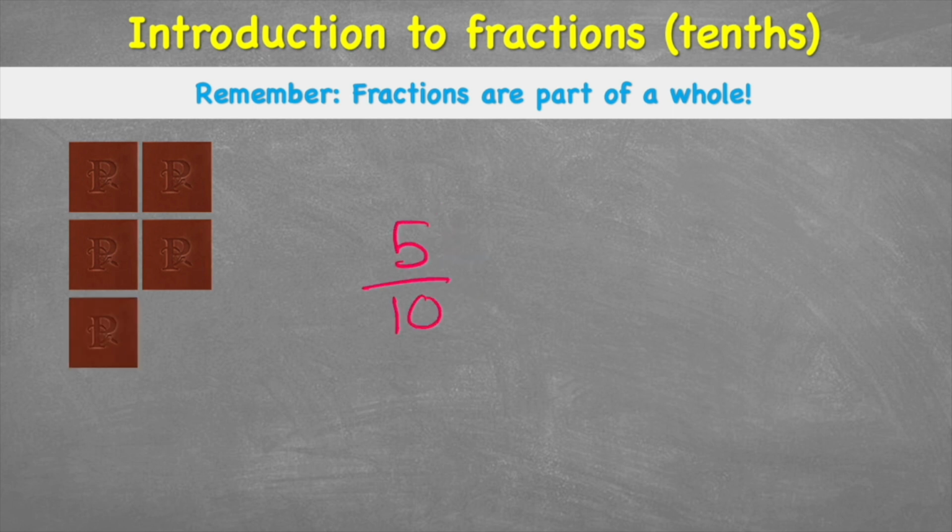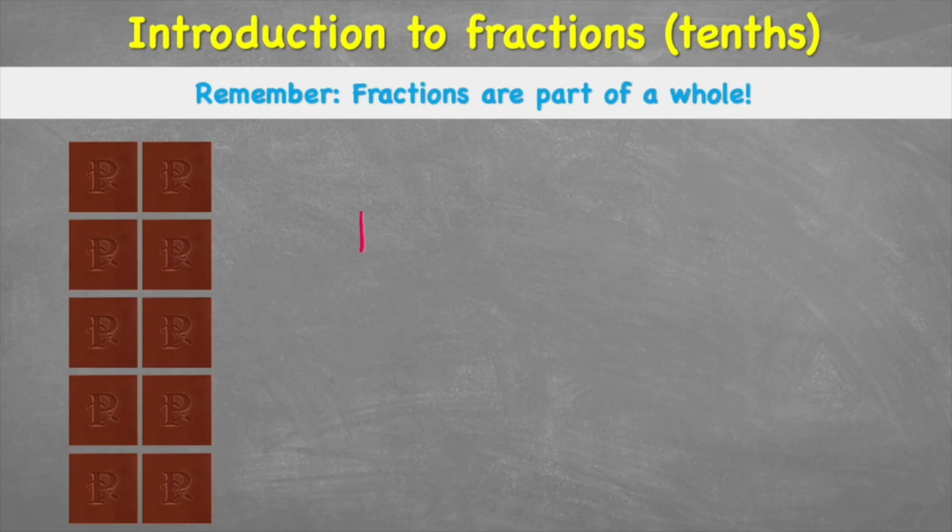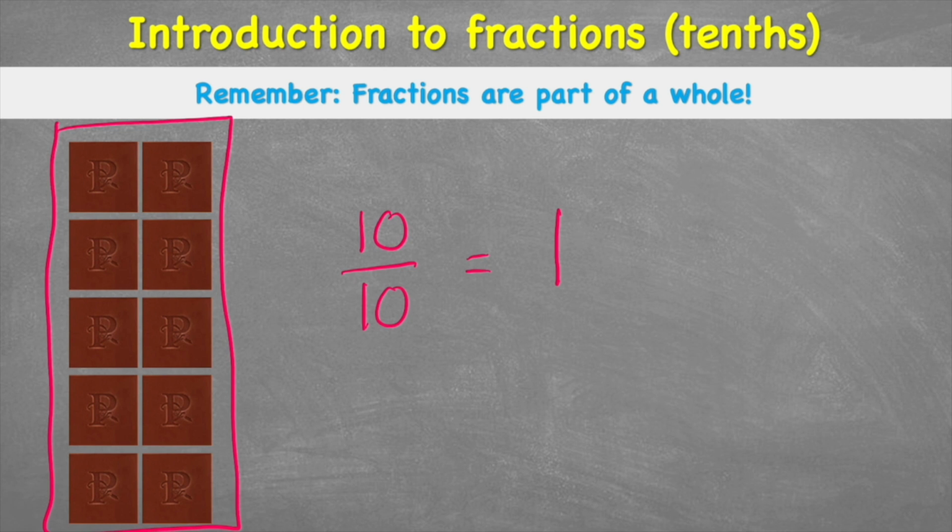We can see we're counting up in tenths. 6/10, 7/10, 8/10, 9/10, and then finally 10/10, or in other words, 1. Because 10/10 makes back up our original 1 chocolate bar. So 10/10 is equivalent or the same as saying 1.